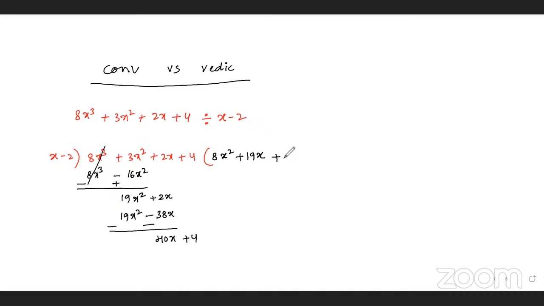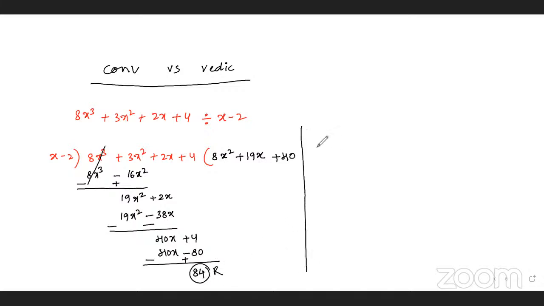Again, I'm getting the new constant coefficient 40. So 40x minus 80, and 84 is my remainder.